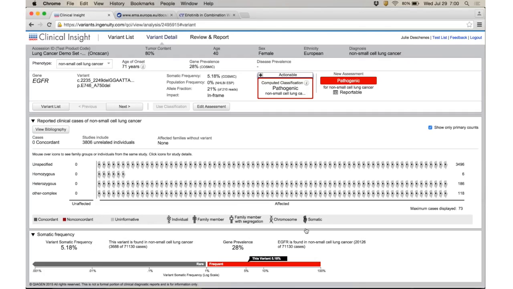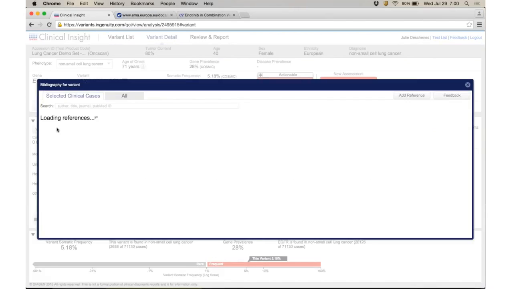You can access the entire finding list by clicking View Bibliography, and this allows you to see the selected clinical case count for that specific section, for that specific variation in that specific gene. The time to load the information will depend on the size, how much this gene and that variant have been studied.